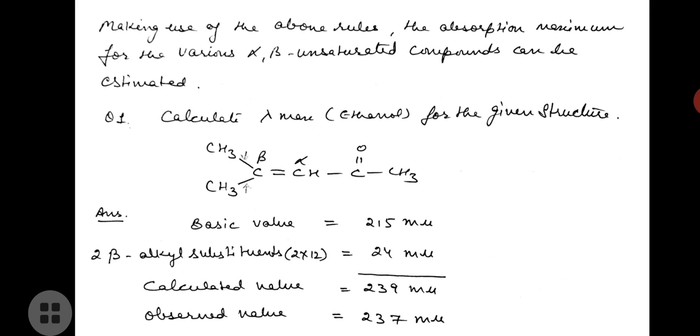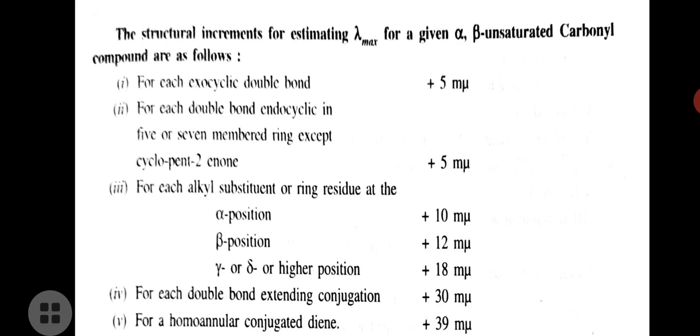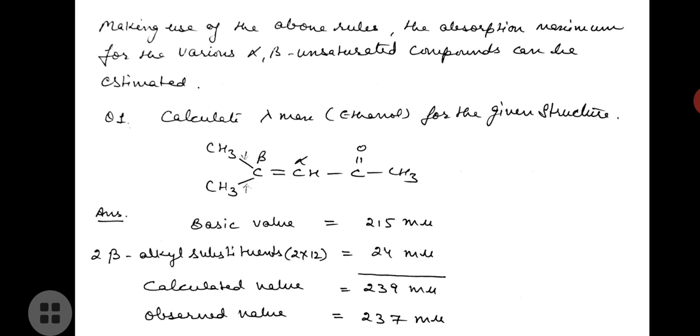In the second table we have written that for each alkyl substituent or ring residue, at alpha position the value is plus 10, for beta position it is plus 12, and for gamma or delta or higher position it is plus 18. So here it is at beta position alkyl substituents, so the value is plus 12.